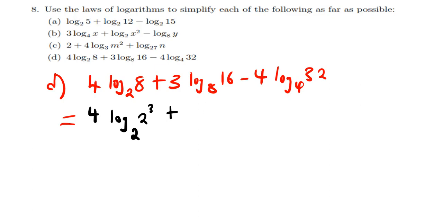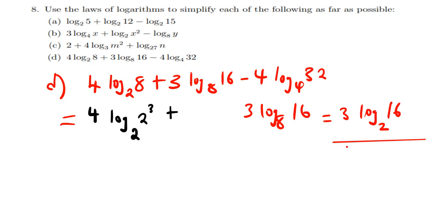Now when you're converting a log to base 2, let's say this one, log of 8, 16, this is 3. Converting to base 2, you're going to have 3 times the log of 16, divided by the log of 8, where the base is 2.